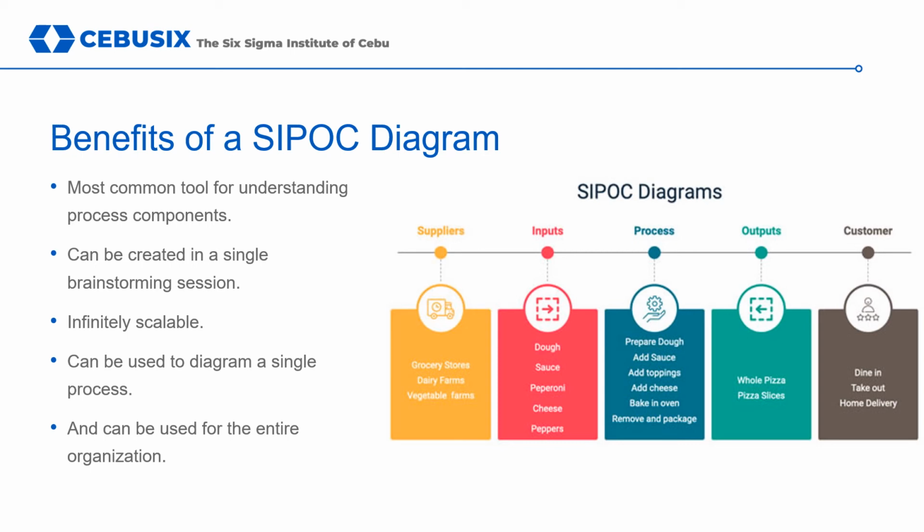SIPOC diagrams are also infinitely scalable. Teams can diagram processes at a very minute level, but they can also use SIPOC to diagram an entire business. We'll walk through creating a SIPOC diagram and then provide some examples of SIPOCs at various levels to illustrate the scalability.